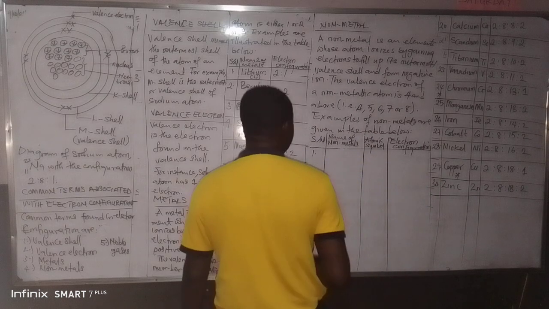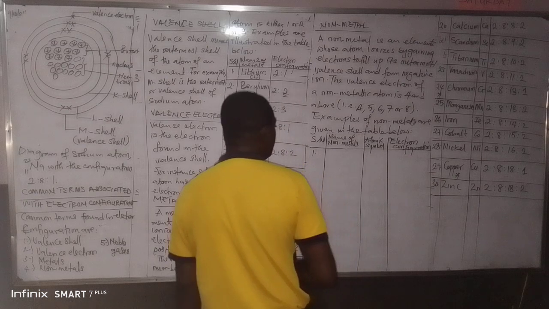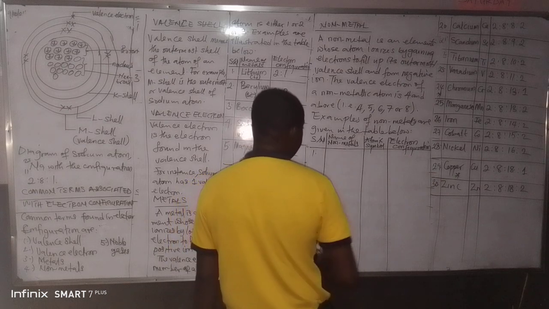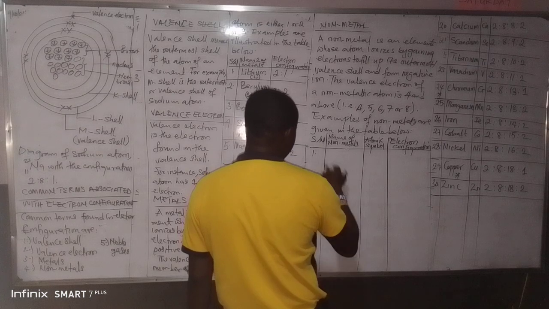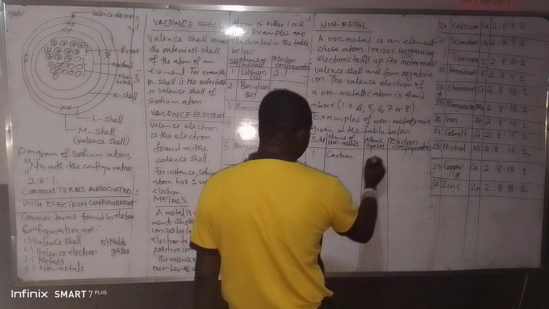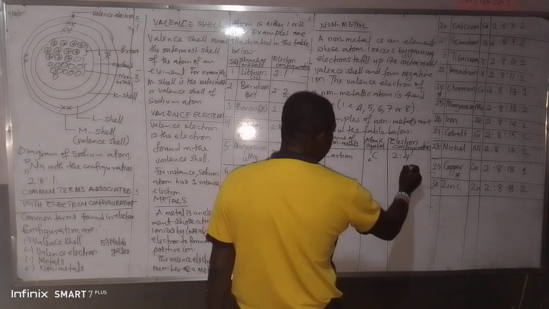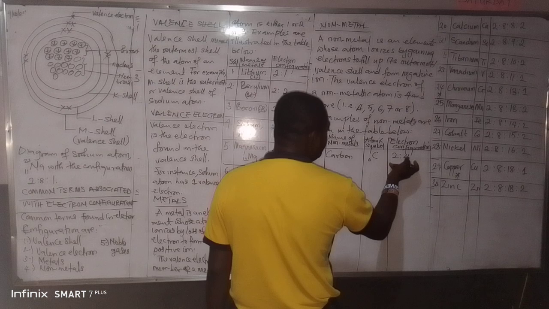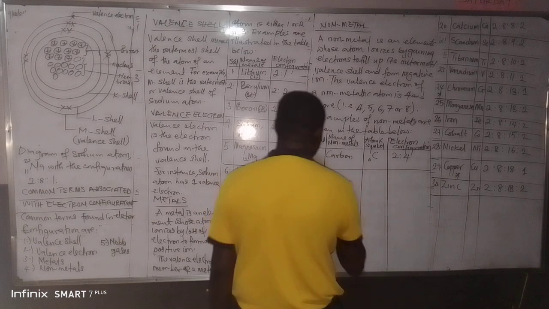The first one we have is helium. It's a noble gas. We have carbon, C6, that's 2 to 4. So when the valence electron is 4, 5, 6, 7, 8, it's a non-metal.